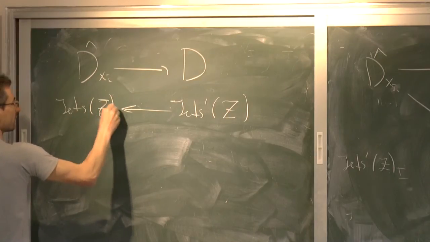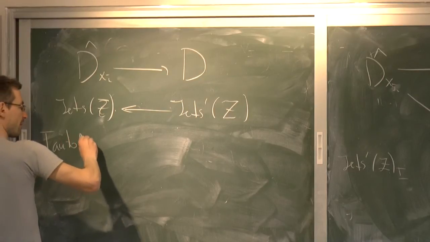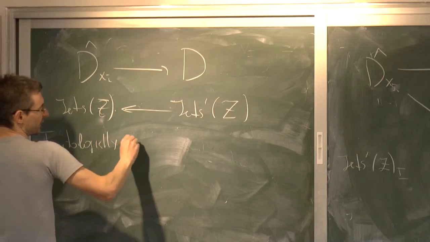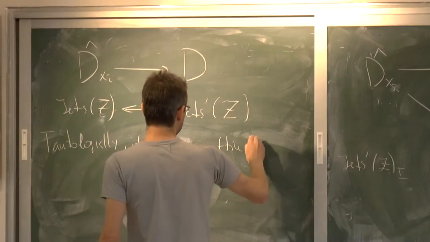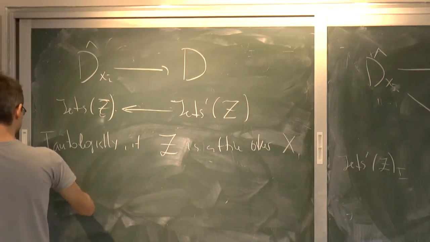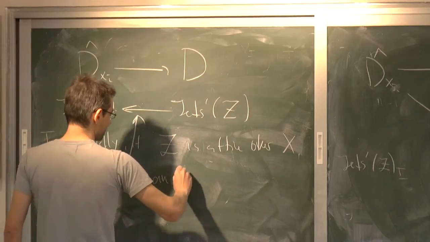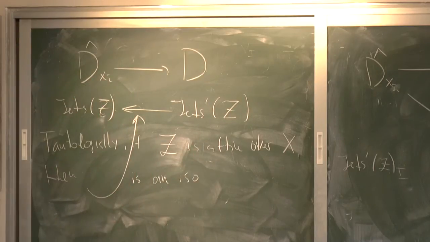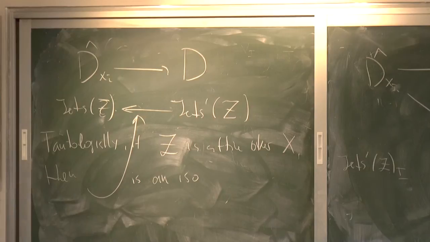Now, tautologically, if Z is affine over X, then this map is an isomorphism. So if you're mapping to something affine, by the definition of this colimit, it doesn't matter if you're taking maps from D or D hat, it's the same thing.